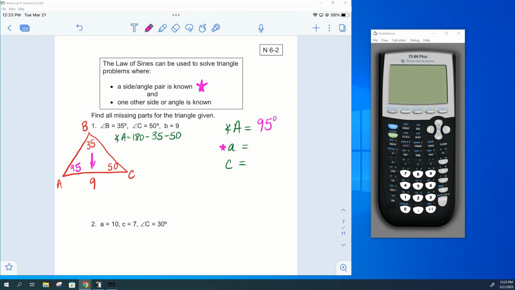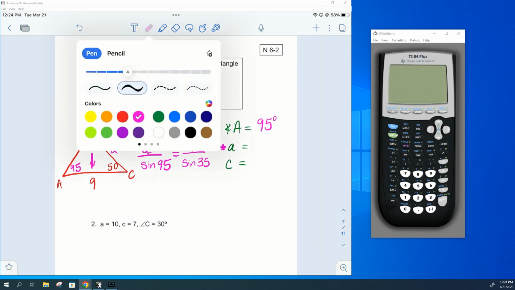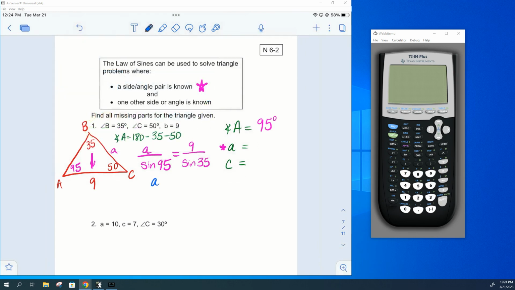So I'm going to do the proportion side a over the sine of angle A is equal to side b over the sine of angle B. And again, the reason I like that so much is because the algebra is so easy. If I wanted to solve for and get a alone, I don't even have to write it down. I can visualize popping that sine of 95 to the other side.